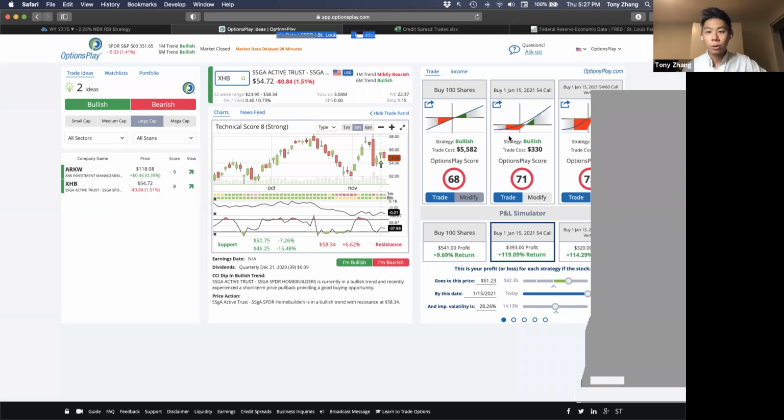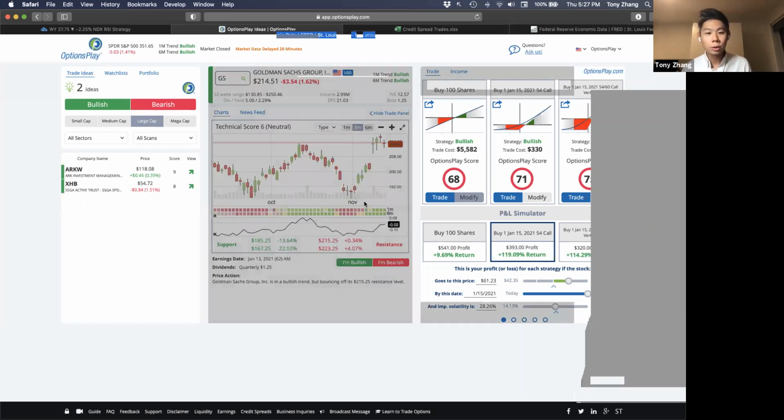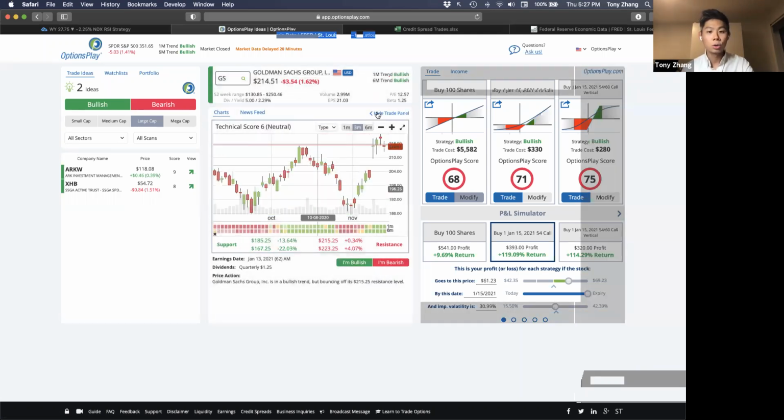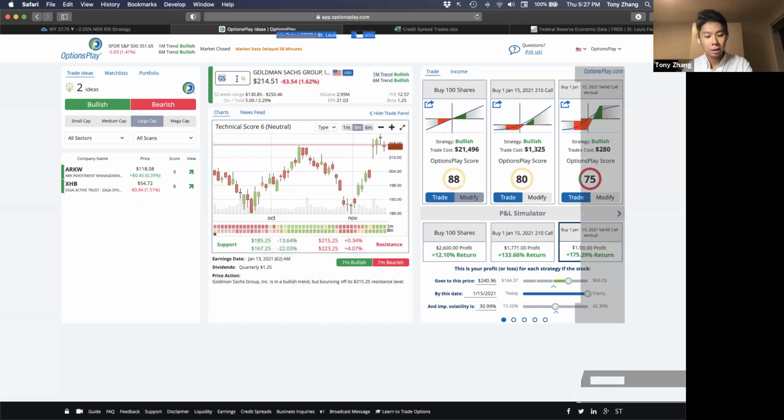How do you know if you are not too late to get in? Great question. The question is, how do we know if you're not too late to get into a specific stock? This is really why we not only show you the 1 month and 6 month trend up top, we actually show you how long the stock has been in a trend. So for example, let's take a look at Zoom.